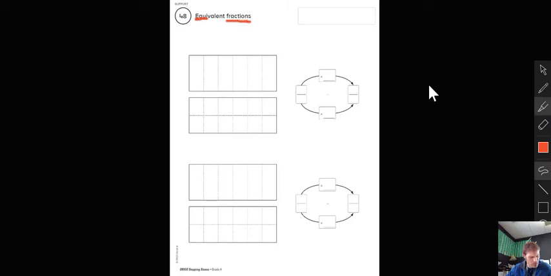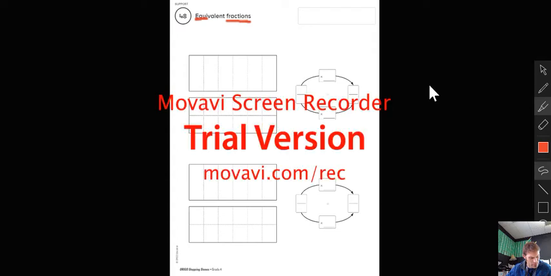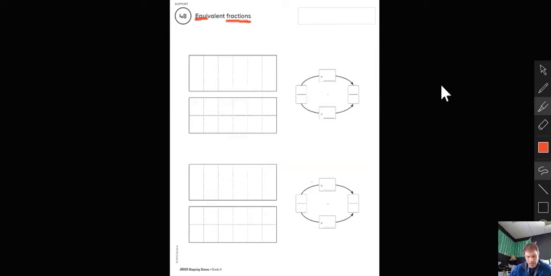But it can get a little bit confusing when we're talking about fractions that have different denominators.